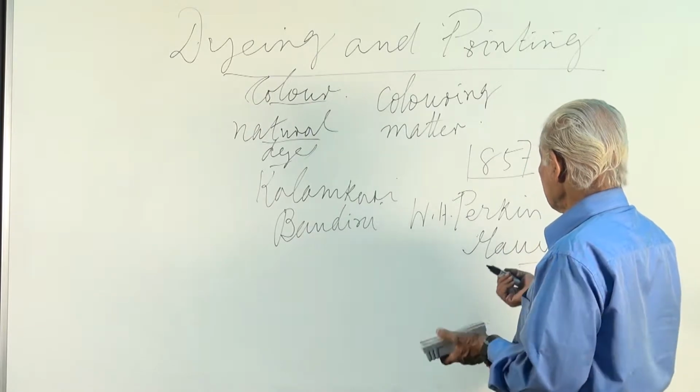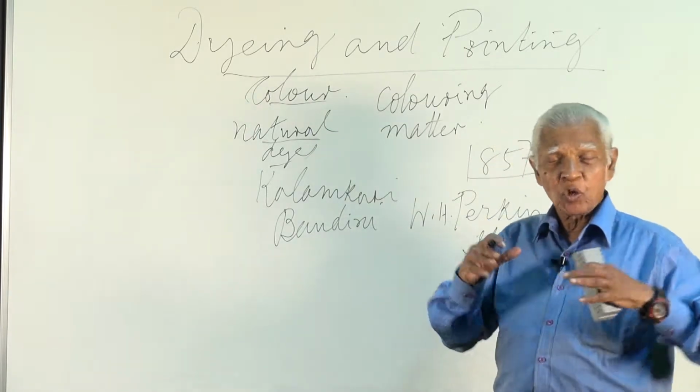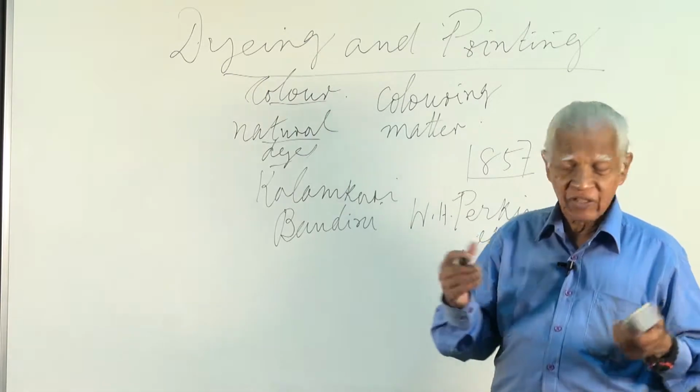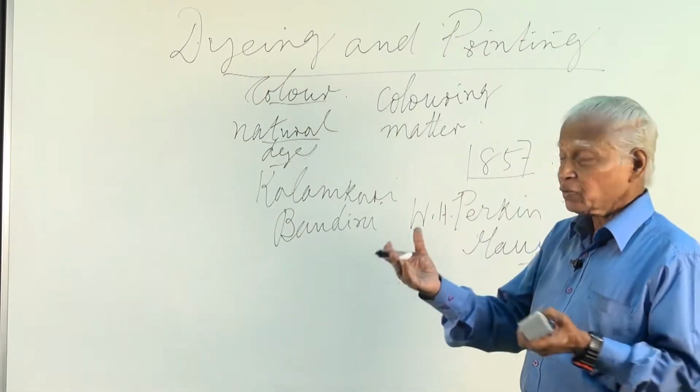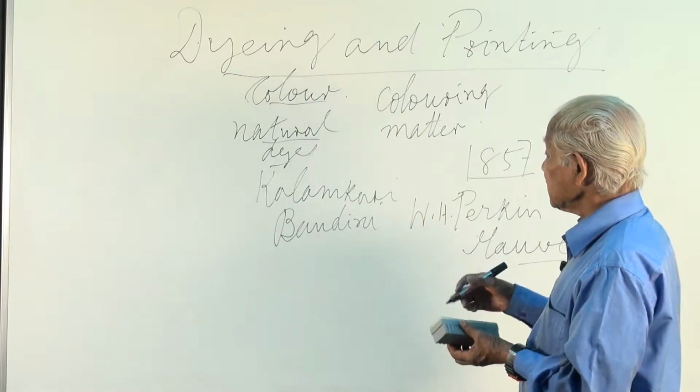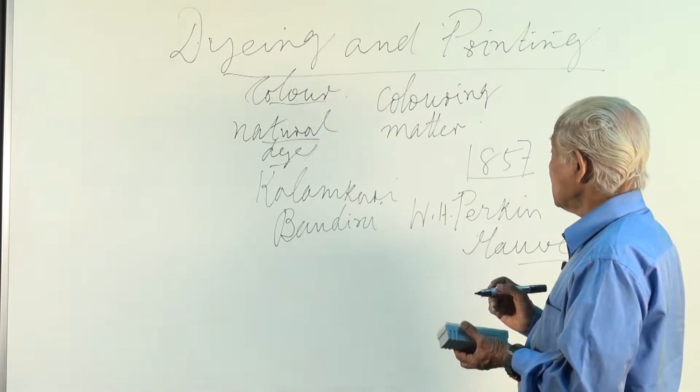Now, Perkin's discovery of mauve has opened up so many possibilities in dyeing of these fabrics. It is the first synthetic dye which was produced and which was used for dyeing many materials.